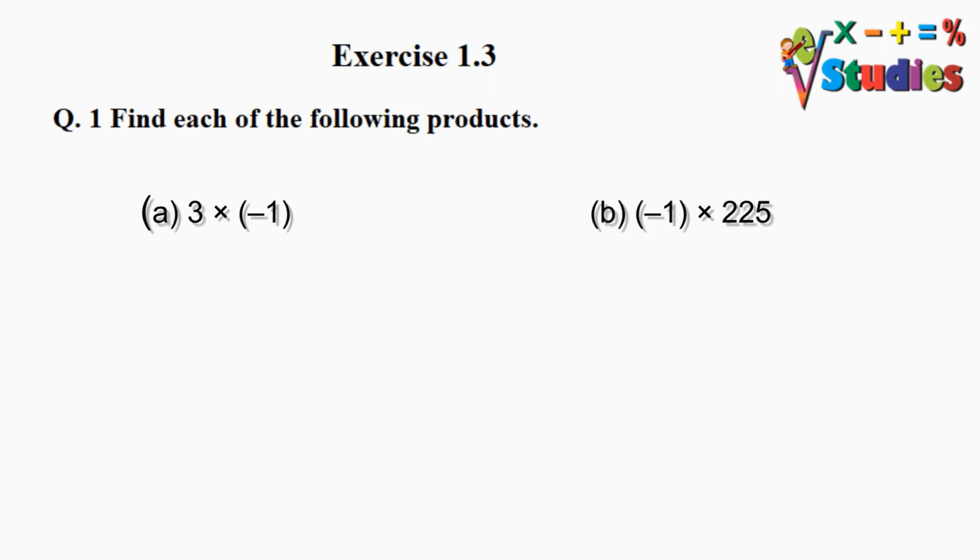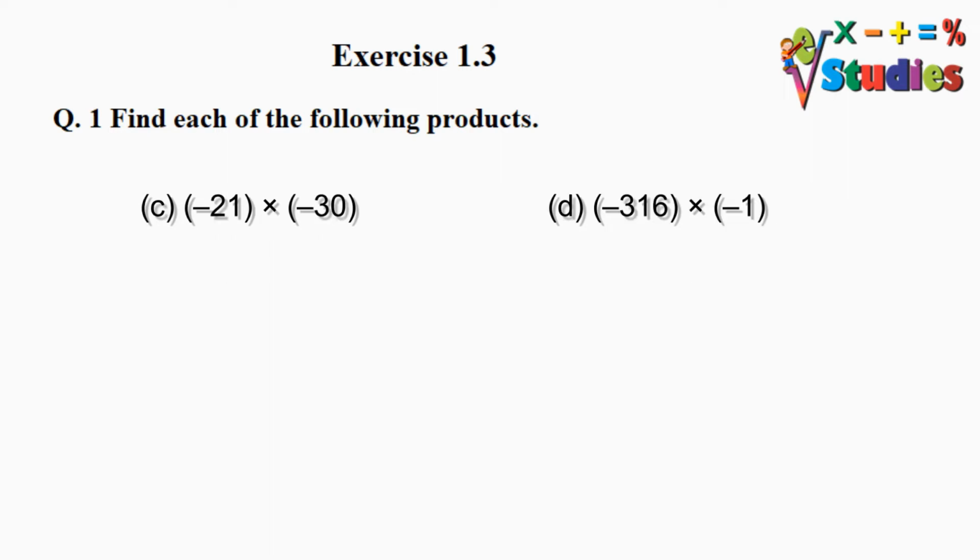When one of the two integers is positive and the other negative, the sign of the answer will be negative. So here positive 3 multiplied by negative 1 will give us negative 3. Similarly, for question 1b, negative 1 multiplied by positive 225 will give us negative 225.